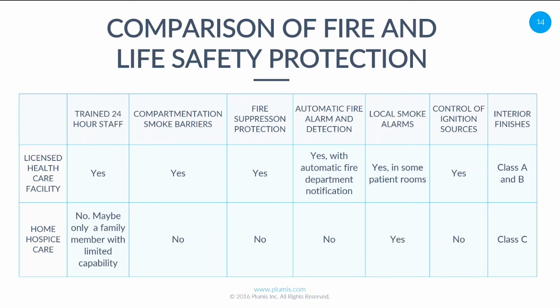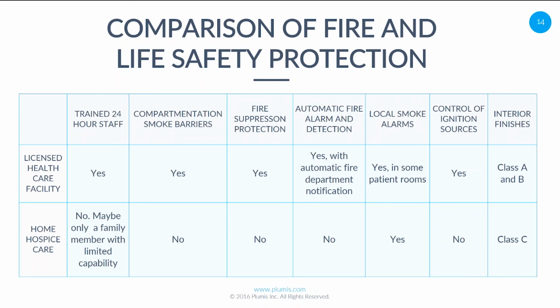In the healthcare environment, those are stringently controlled. We come to the home healthcare environment, no. Whether that be smoking, candles, condition of other ignition sources such as the electrical system, appliances, etc. The control of that in the 1 and 2 family dwelling, as everybody knows, is very limited.